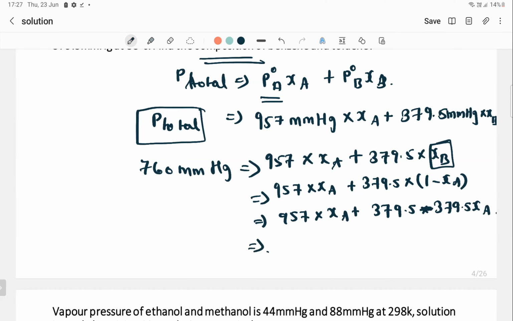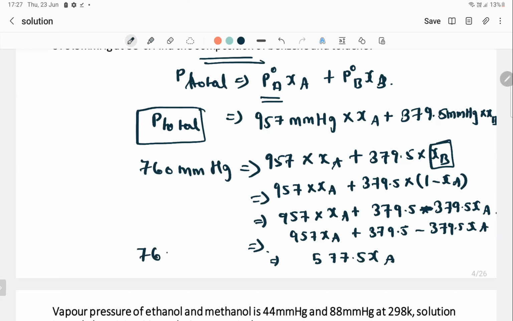So what will be your answer? 957 XA plus 379.5 minus 379.5 XA. So it means bring here this 379.5. 957 minus 379.5, which is 577.5 XA.